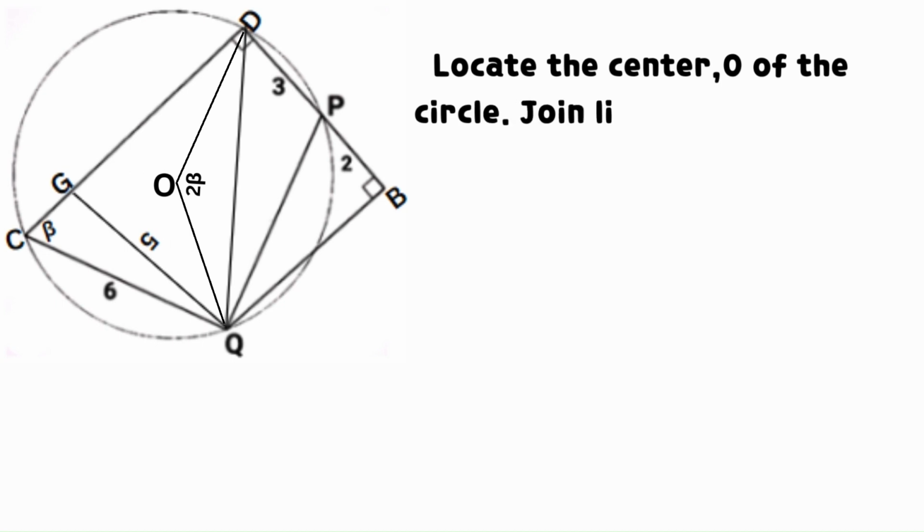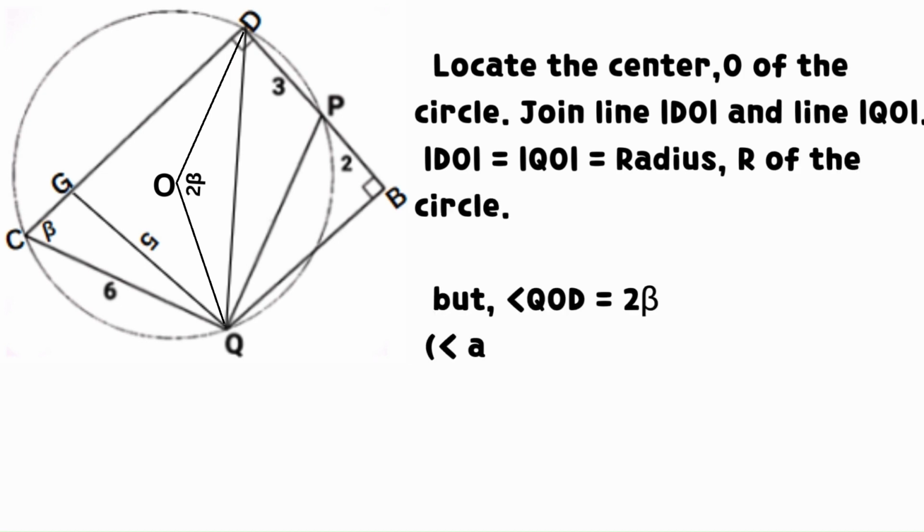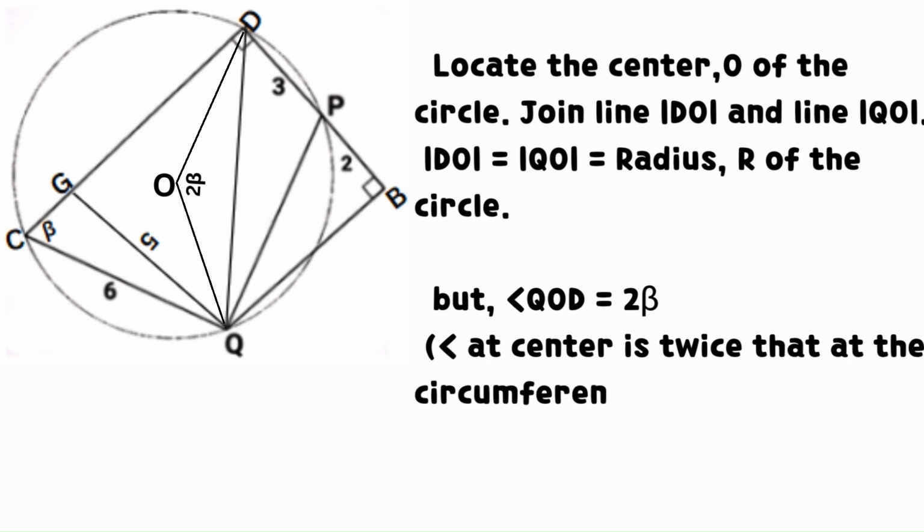Locate the center, O, of the circle. Join line DO and line QO. DO equals QO, which equals the radius, R, of the circle.